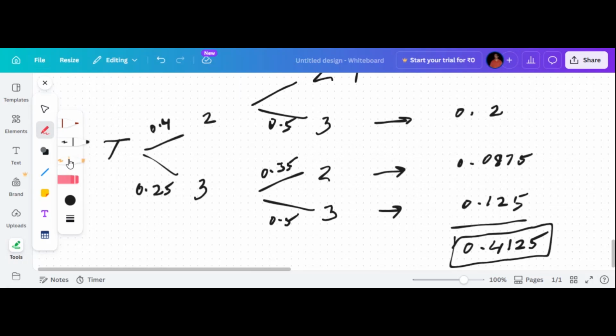Which means Claire won 3 matches. That's only possible here and here, so we will take these two into account.